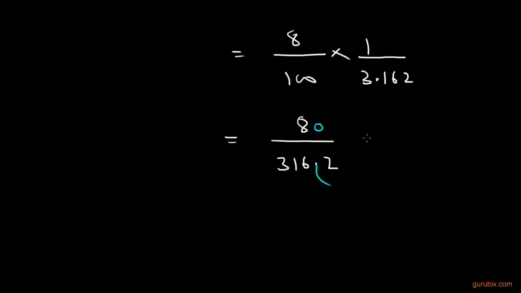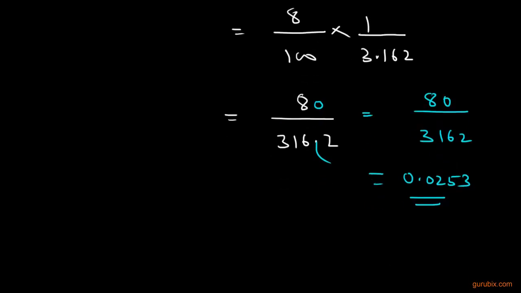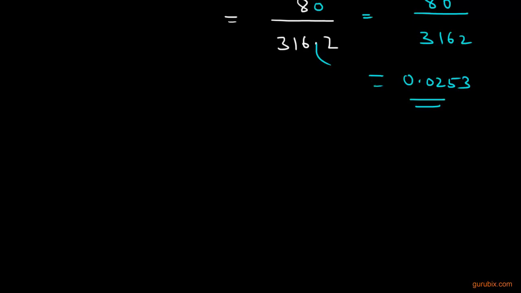Finally, this number will be 80 over 3162, and if we divide this 80 by 3162, we get 0.0253. So this is the value of the square root of 0.00064.